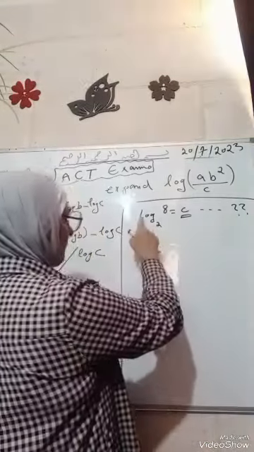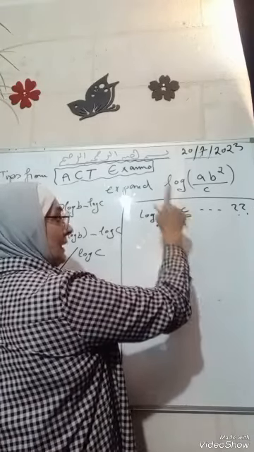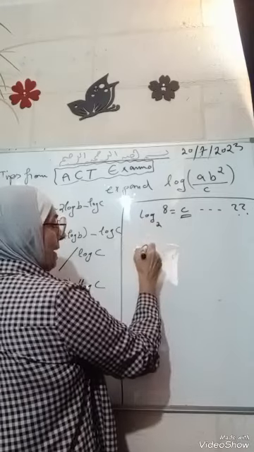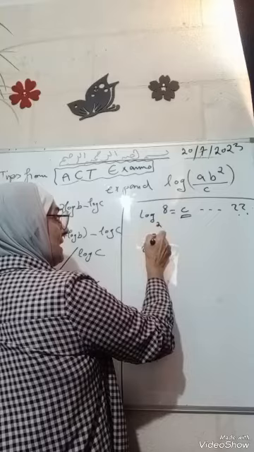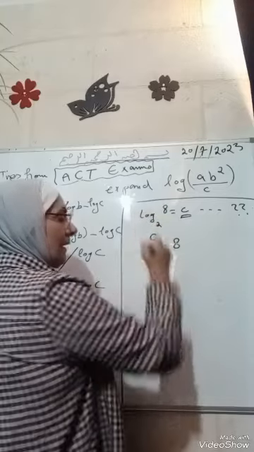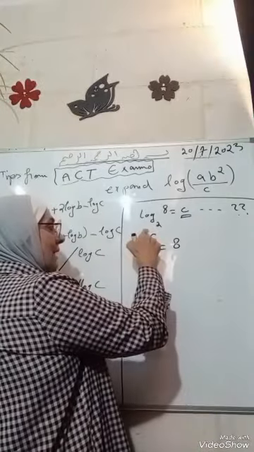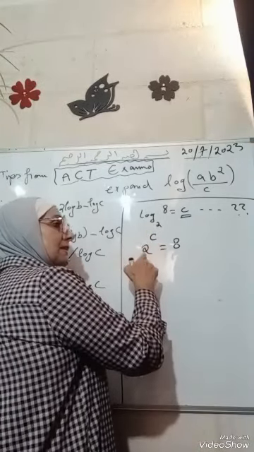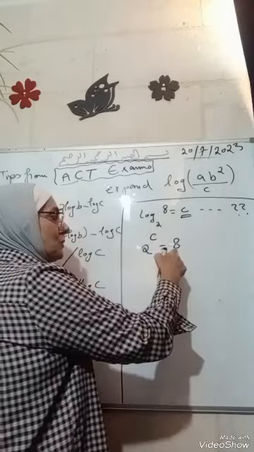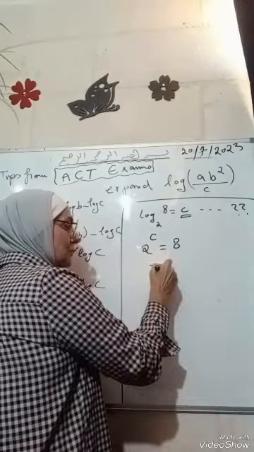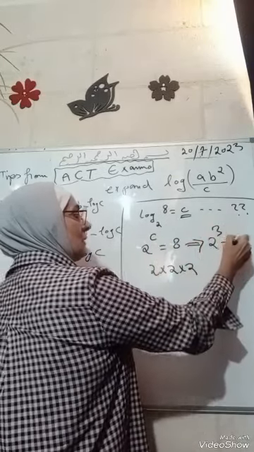Logarithm base 2 of 8 equals c means the base 2 raised to c equals the number 8. So I need to think what the exponent is here. This base 2 is multiplied many times to give me 8. It's 2 times 2 times 2.